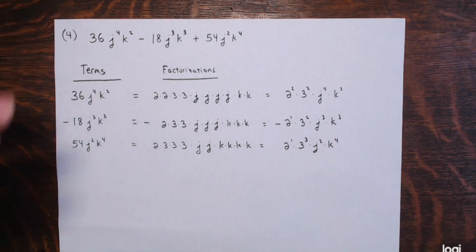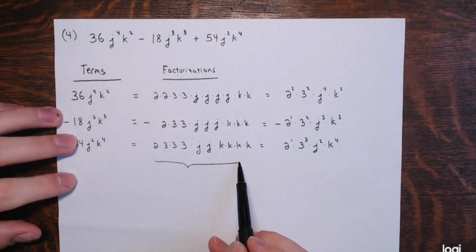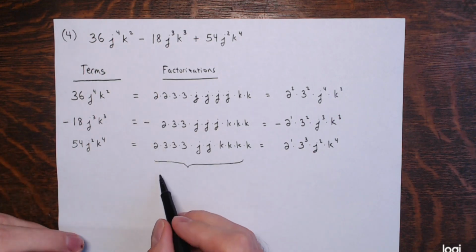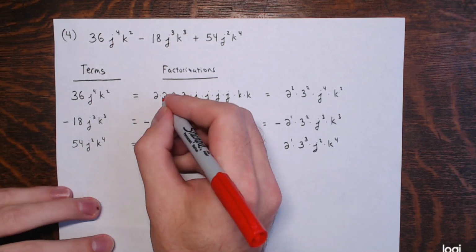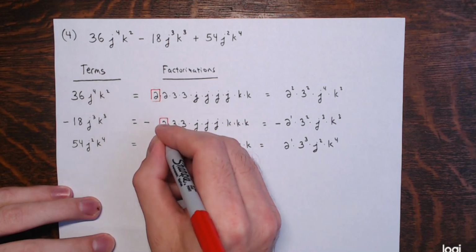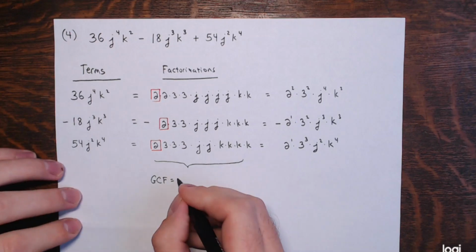All right. Now, if you actually wrote out each individual factor like I did here, the greatest common factor is just made up of those factors that all the terms share. So they all have a factor of 2. Each of them has a factor of 2, so 2 is going to be in the greatest common factor.